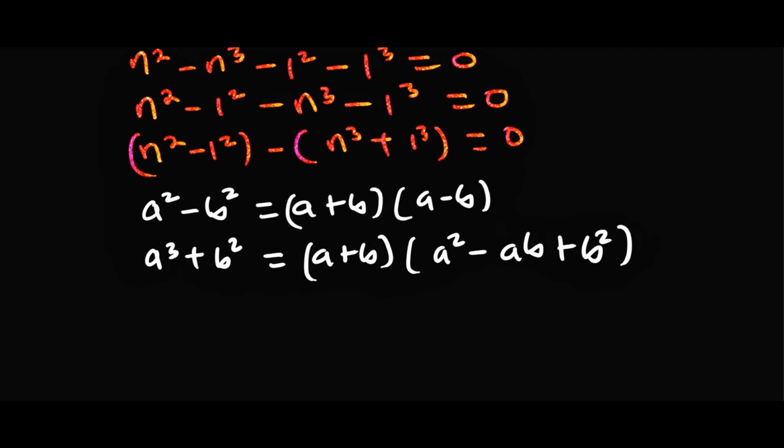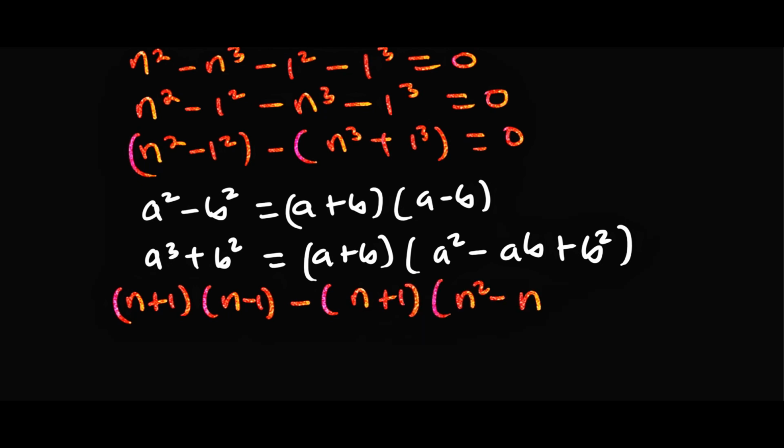So n squared minus 1 squared will be n plus 1 into n minus 1, minus the sum of cubes, that is n cubed plus 1 cubed, will be the same as n plus 1 times n squared minus n plus 1 is equal to 0.